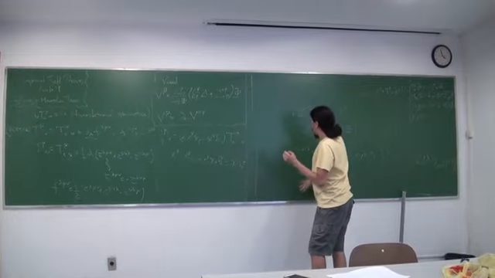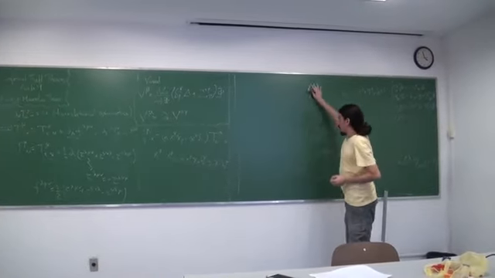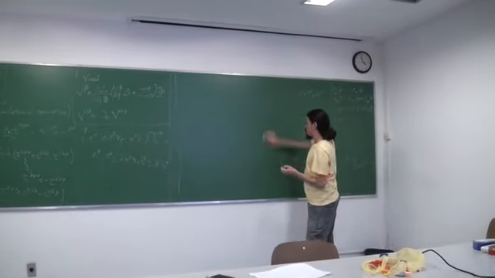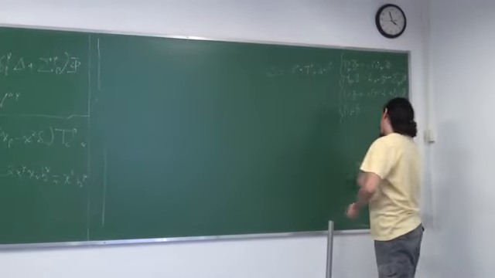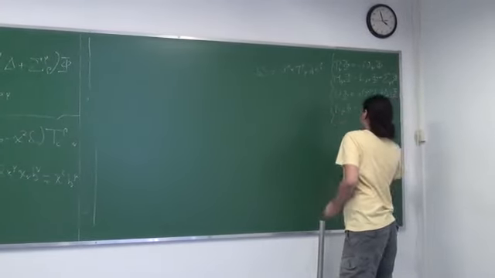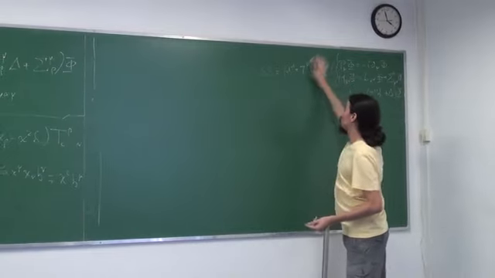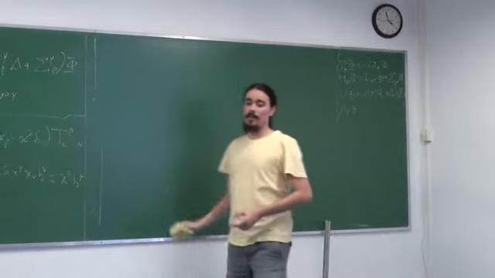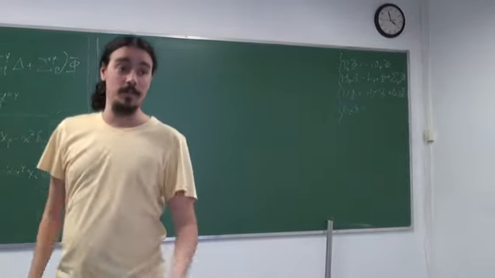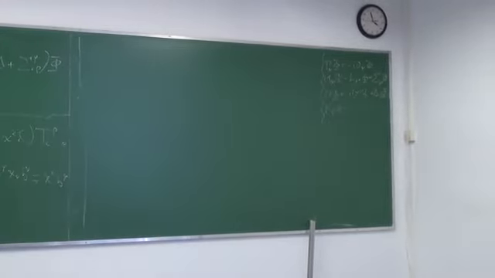So now the problem is, we're going to take some theory with an action, and we want to find out if this theory has conformal symmetry. There are two things we must do.